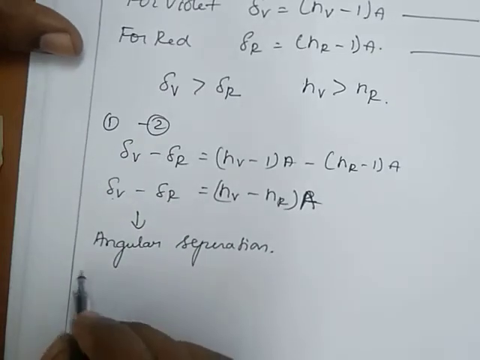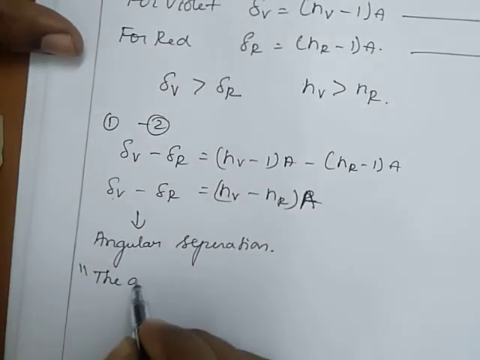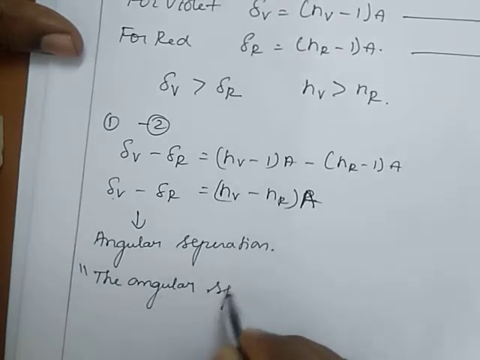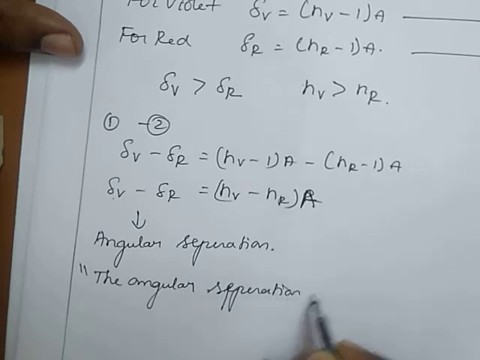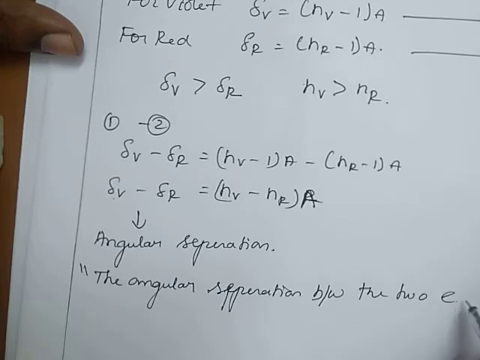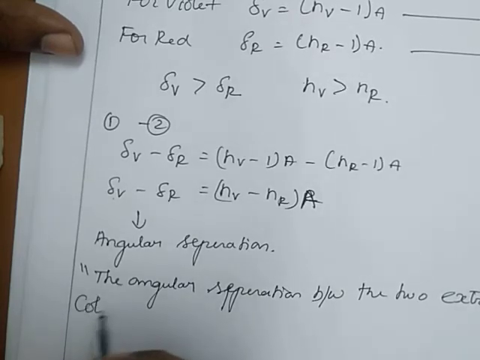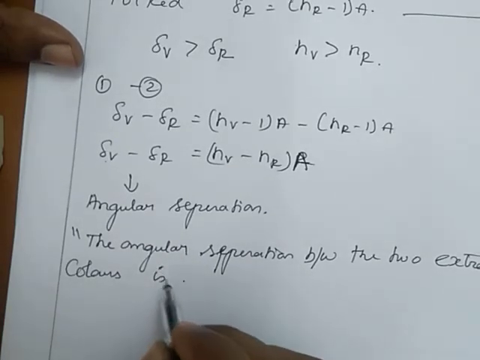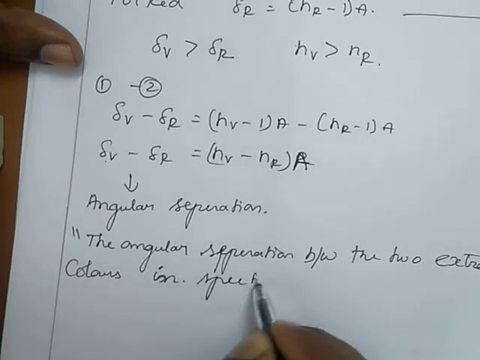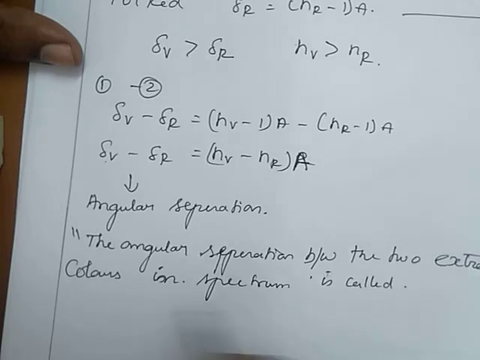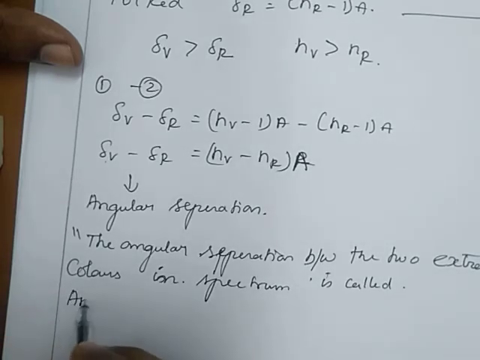The angular separation between the two extreme colors, violet and red, in a spectrum is called angular dispersion.